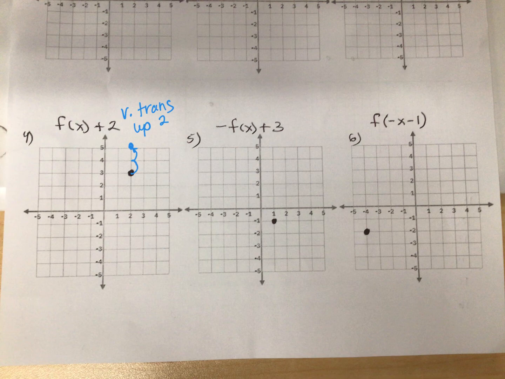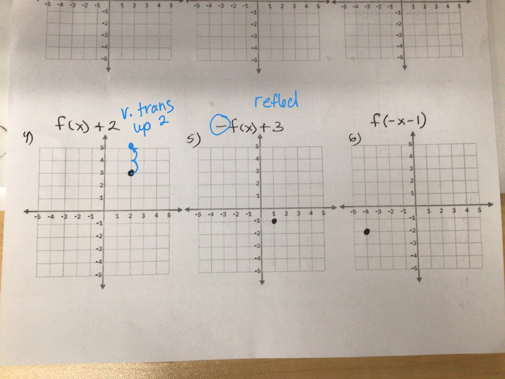Now, number 5. If we go by the order in which we are to describe, we describe reflections first. Well, third technically, but I only have a reflection and a vertical translation. The reflection is going to happen before the translation, and I'm going to show you why we have to have a standard order in which we do things, because if we don't, we get different answers. So we have the negative on the outside, which is a reflection in what axis?